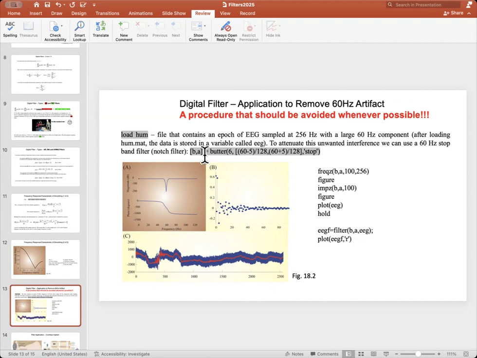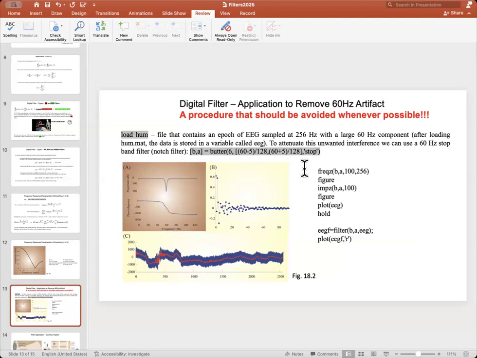Here it says butter 6, which means a sixth order, which means make the slope relatively steep. Go from 60 minus 5, so 55, to 60 plus 5, 65. And I divide by the Nyquist frequency, which is half of 256. And it has to be a stop band filter, not a pass band, not a low pass, but a stop band filter.